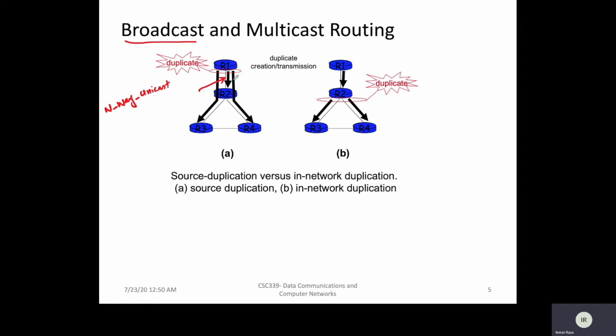So rather than R1 sending n number of copies to R2, R1 should send only one copy to R2, and R2 can generate, depending upon the neighbors, n number of copies of the same packet, one for each link. This sort of duplication is known as source duplication, where the source is sending n number of copies to all the other nodes, depending upon the number of nodes in the network.